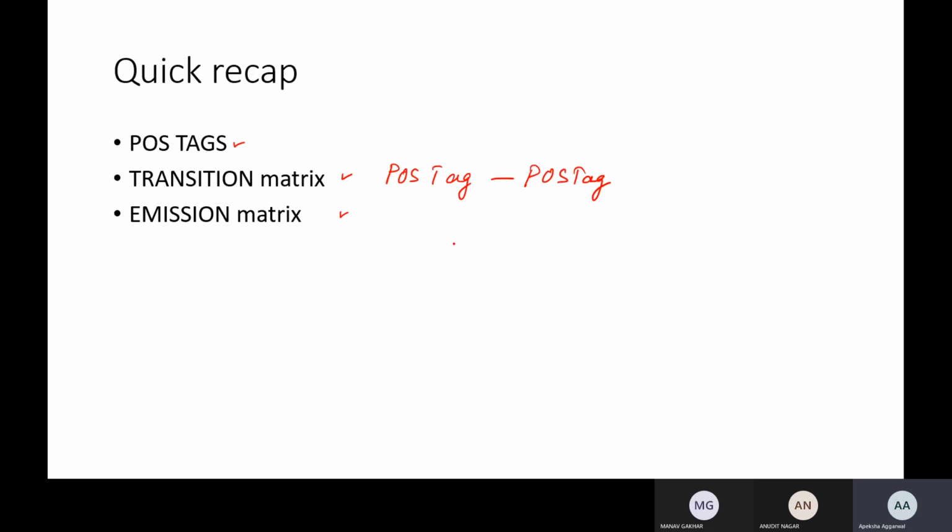If I'm on a verb state, I need to calculate the chances of bank appearing in that verb state, and if I'm at a noun state, the chances of that word appearing in a noun state. So the emission matrix gives us the probability of occurrence of a word in the vocab given a POS tag. This is what we studied in the last class.